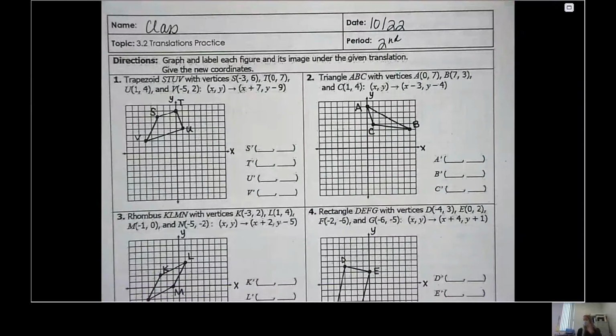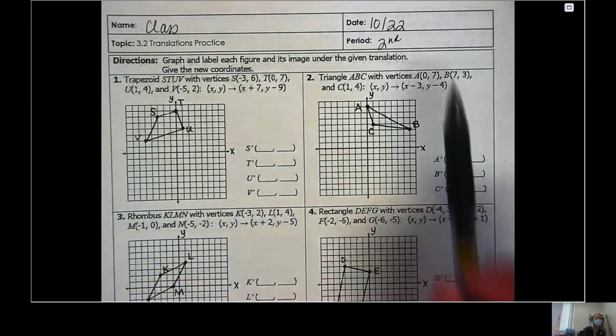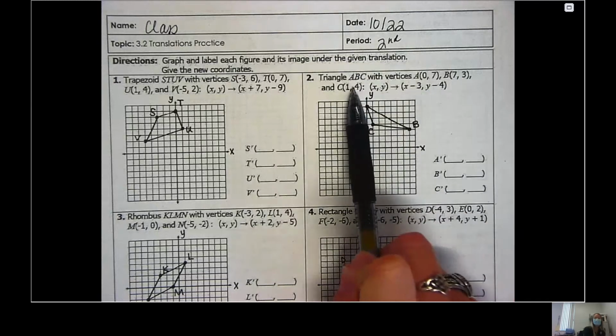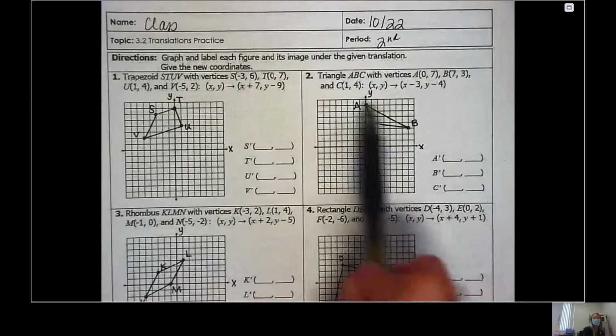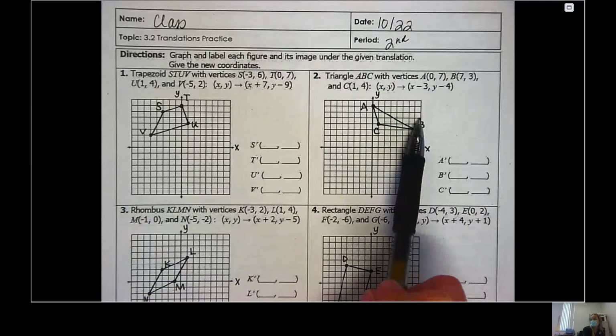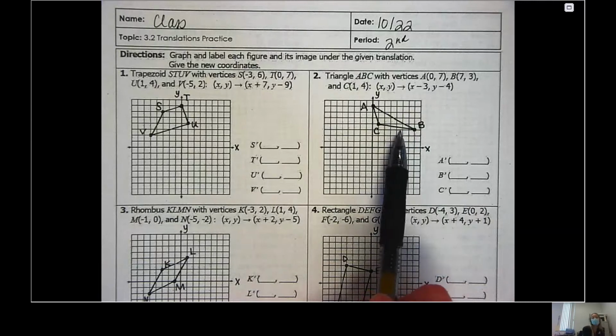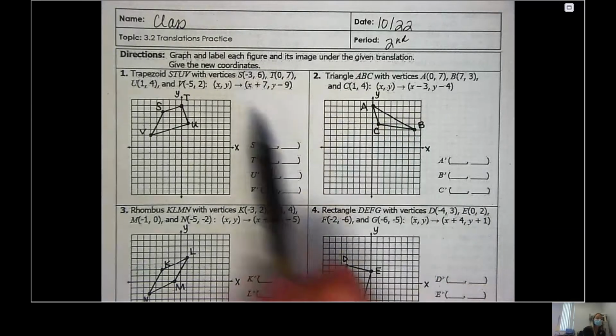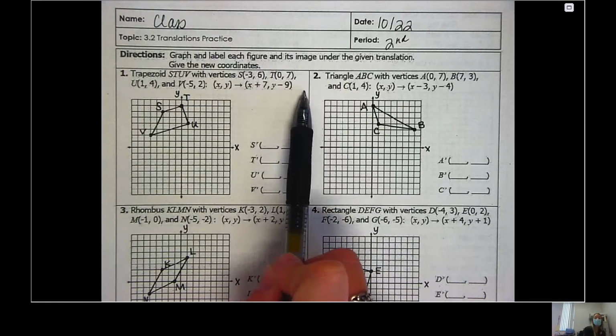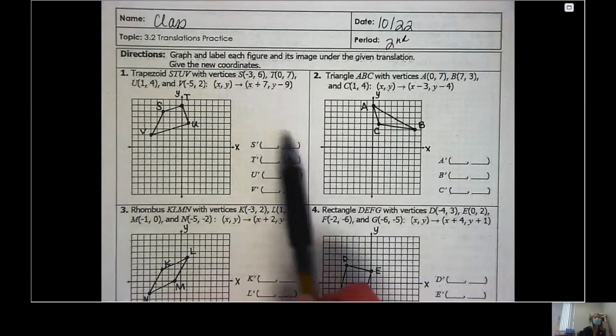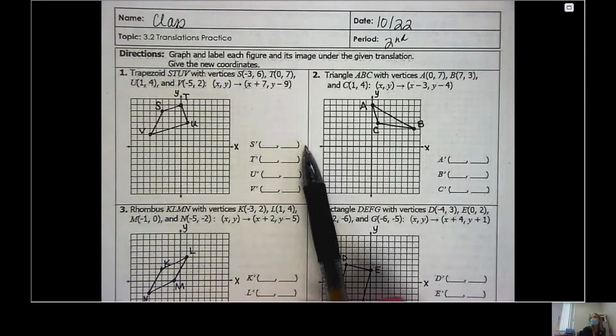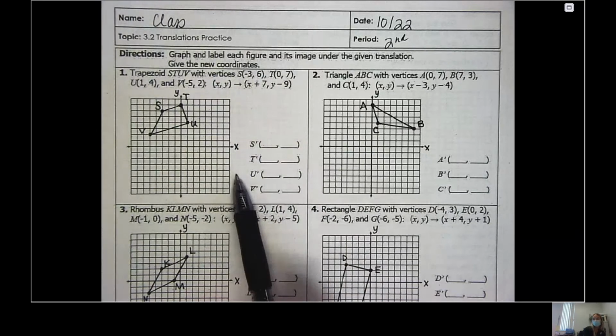For numbers 1 through 4, I have given the pre-image. Okay, so your original points are right here. And Ms. DeMassa was so kind because she actually graphed the pre-image for you, so you don't have to graph that beginning piece. But for each one, you're going to follow the rules, rewrite the new coordinates, and then graph it on the picture.